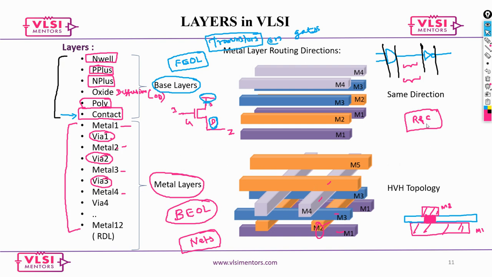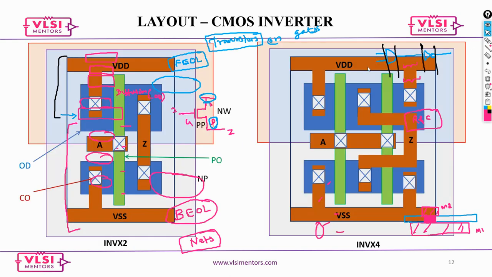So just go through that book and we will meet next week. Next week, we are going to talk more about the layout portion. How do we draw this layout and why do we need this kind of layout? I would be showing you some of the layouts in the tool. So different cells, if you look at here, this inverter X2 and this inverter X4 and all of that.